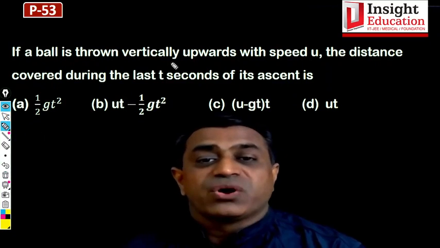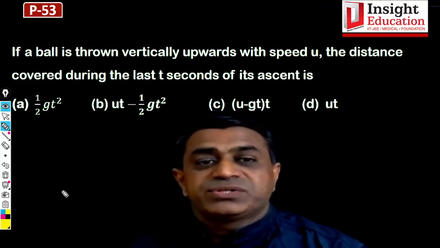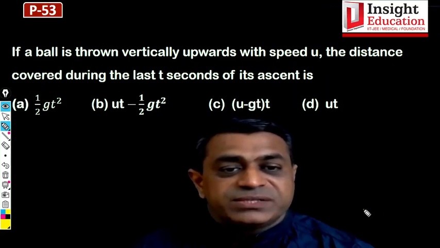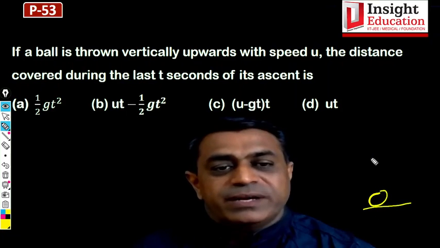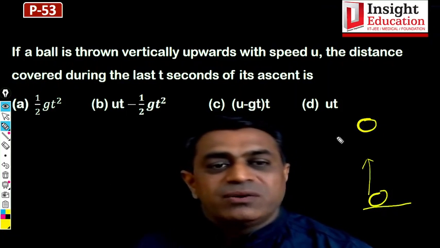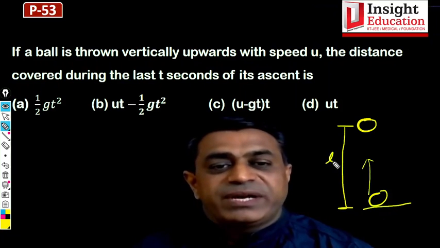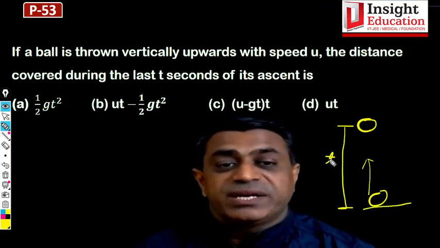A ball is thrown vertically upward with speed u. What is the distance covered during the last t second of its ascent? Suppose ball is thrown in upward direction. After some time, ball will reach the maximum position. So total time taken by ball to reach the top position, that is t second.